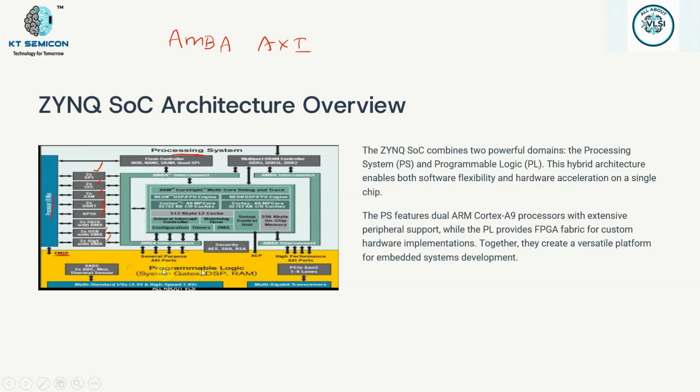This FPGA is not having a direct connection with these IPs. This is a very important point to be noted over here. This FPGA is not having any direct connection with these IPs which I am showing you, like SPI, I2C, CAN. Only the processor is going to have a direct connection. This is a very important point.